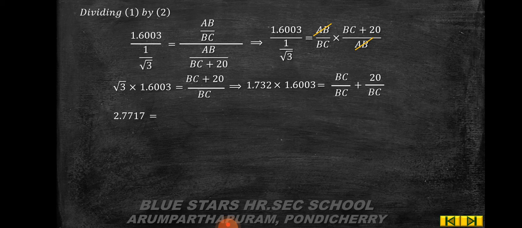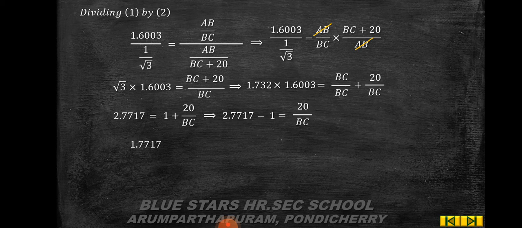If you multiply 1.732 into 1.6003, you get 2.7717, which is equal to 1 plus 20 by BC. This implies 2.7717 minus 1, since we are taking plus 1 to the left hand side, so it becomes minus 1, is equal to 20 divided by BC.